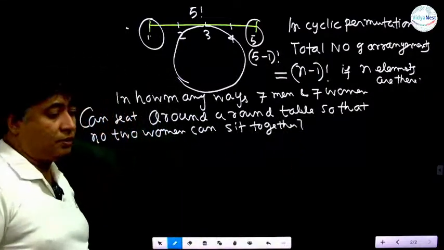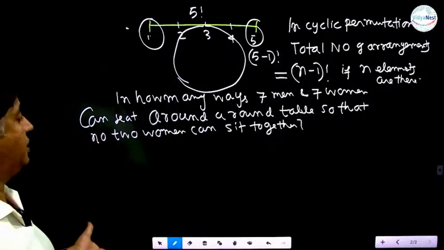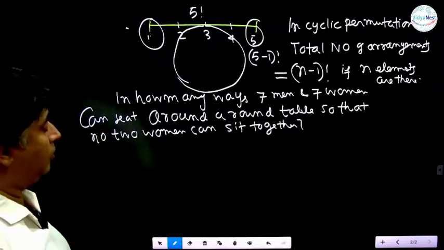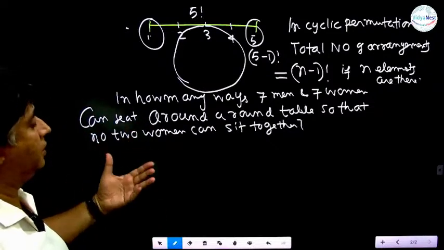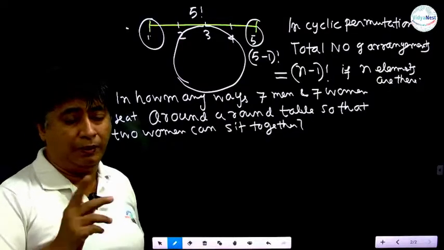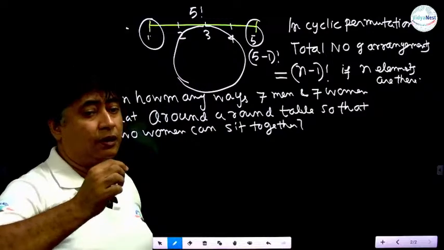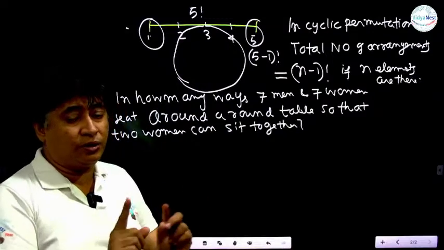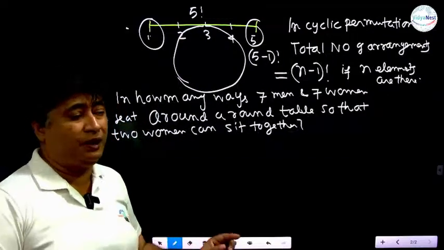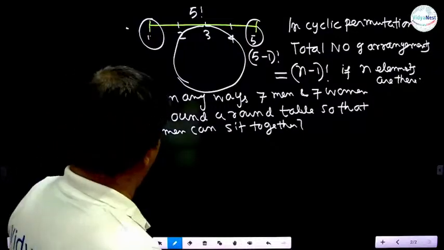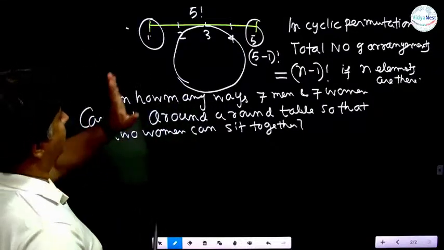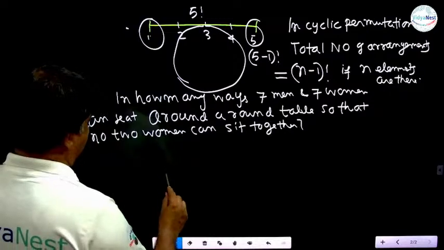So it is one kind of riddle type question. So when will it be possible? If between two women I put one man, then two women will never be together. Yes or no? Yes, sir.